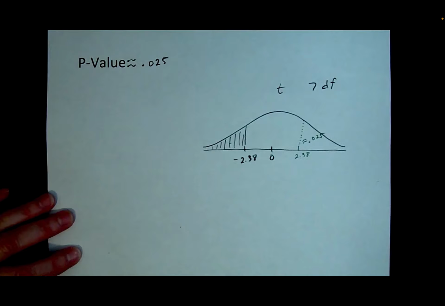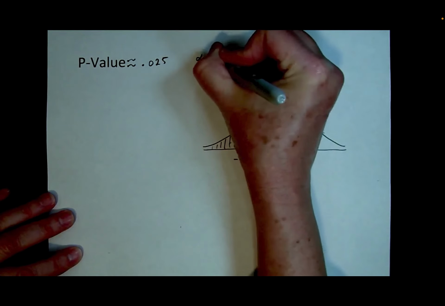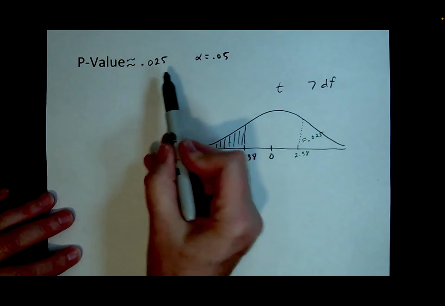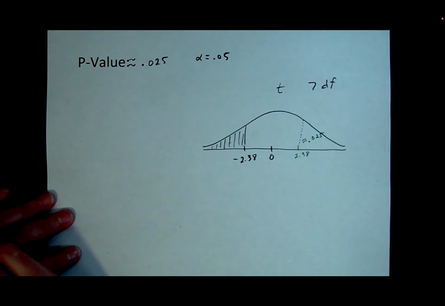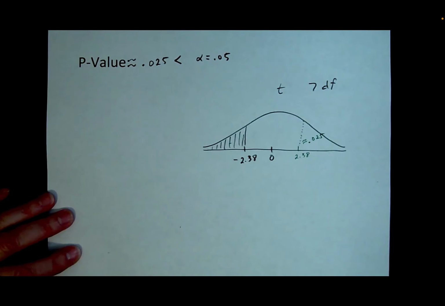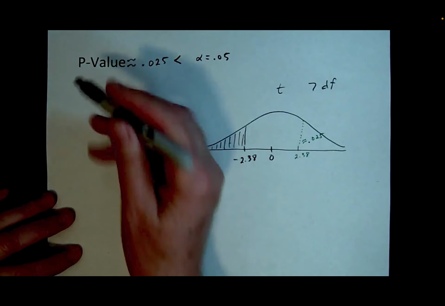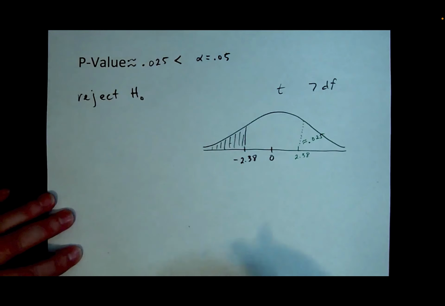We compare it to the level of significance, alpha. We were asked to use the 0.05 level of significance. And so remember, the question is, is the p-value bigger or is alpha bigger? In this case, alpha is bigger. When the p-value is less than the level of significance, that's when you reject the null hypothesis.